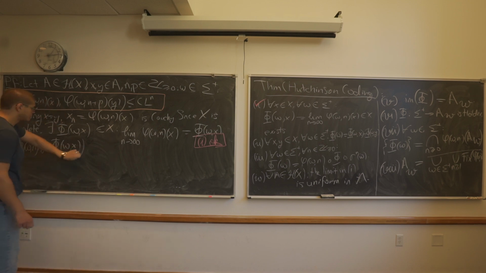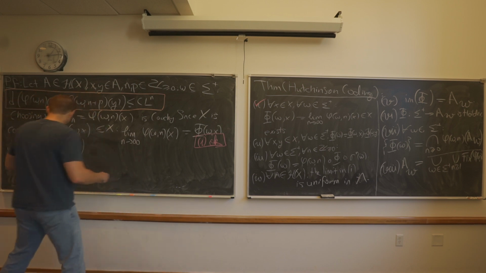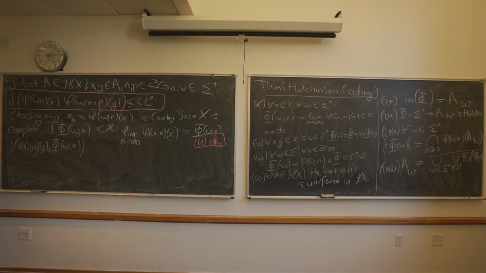Now I want to bound this expression. If I can bound this as n goes to infinity by something that decays, that means that this term converges to this. But limits in metric spaces are unique. So a sequence, if it converges, cannot converge to multiple points. This is another way of saying that the space is Hausdorff.